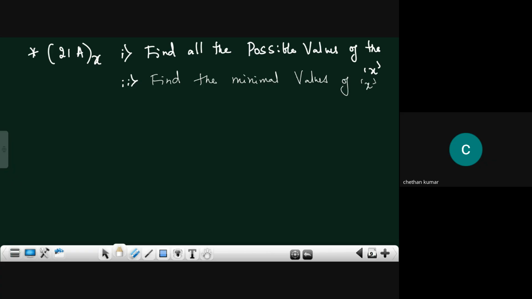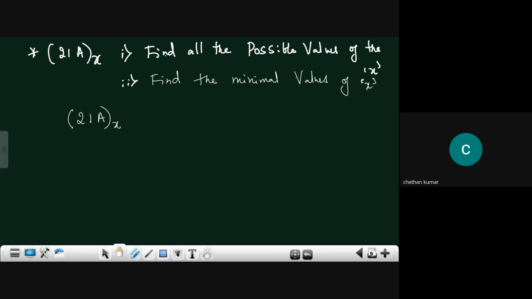Can anyone solve this problem? What is my number? 21A, right? My number is 21A with the base of what? X. What is X here? The radix. What is the radix value? Is it octal? Probably it may be hexadecimal.